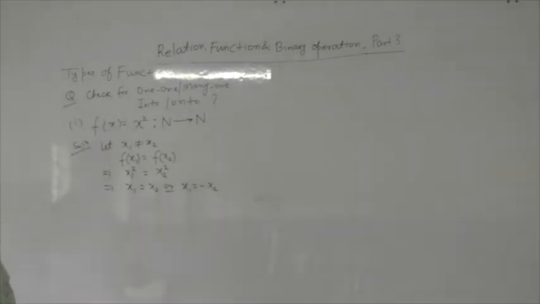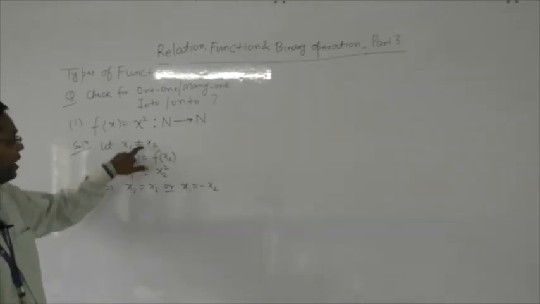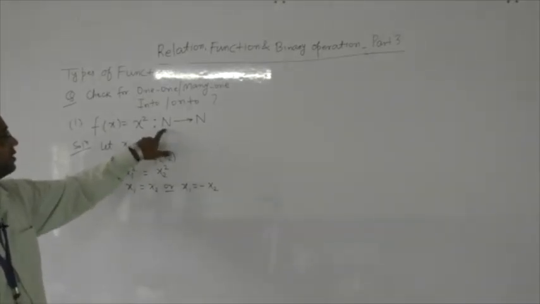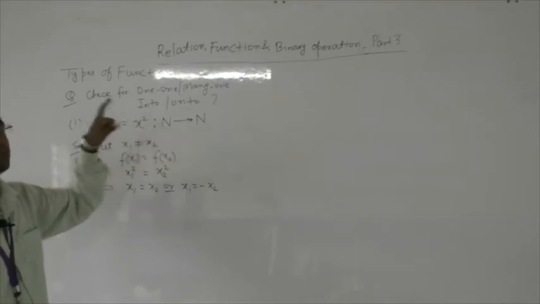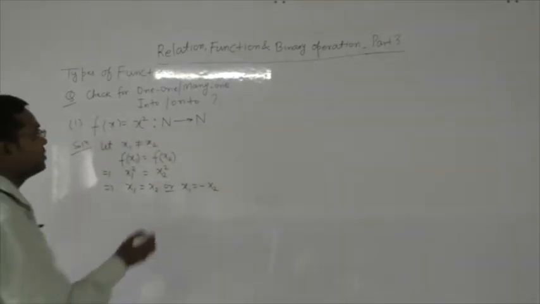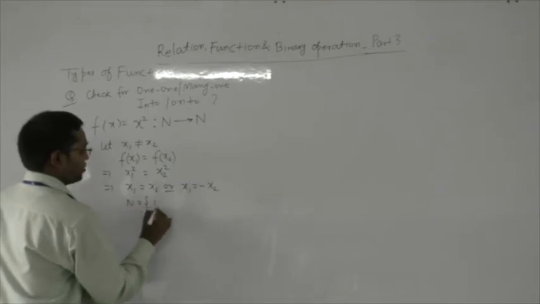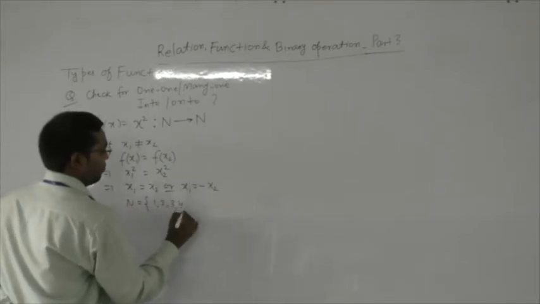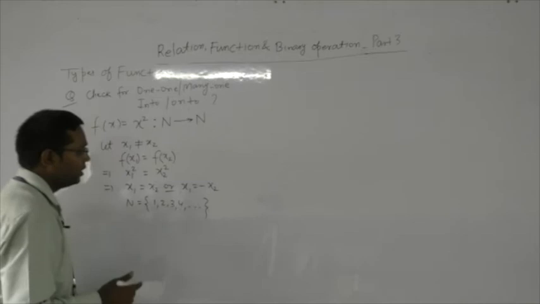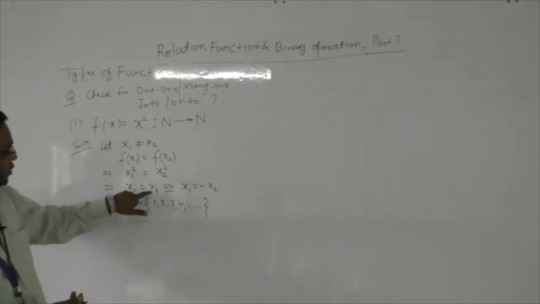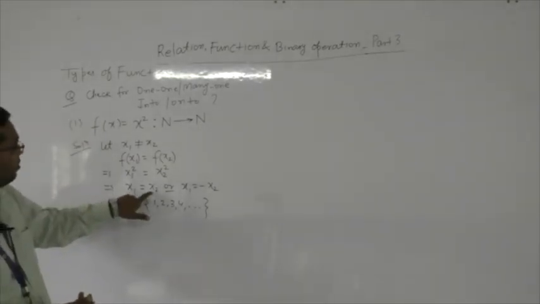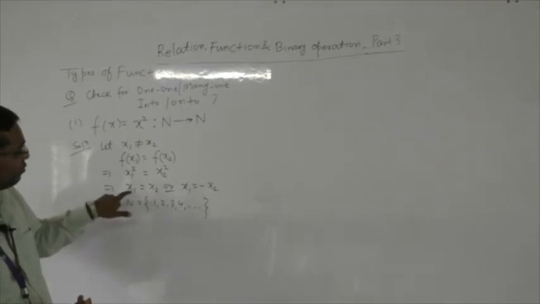Now see here very carefully. Although we are getting two values, here it is given the domain is all natural numbers only. What are natural numbers? Natural numbers contain the set 1, 2, 3, 4 like that, right? So here x1 equals x2, it will be equal.